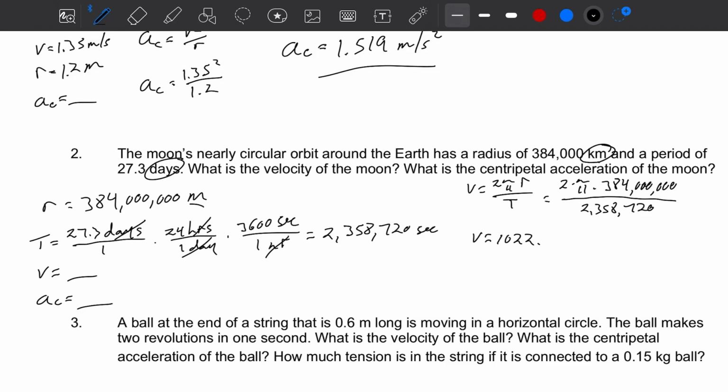The answer I got was 1,022.904 meters per second. I know acceleration is v squared over r.